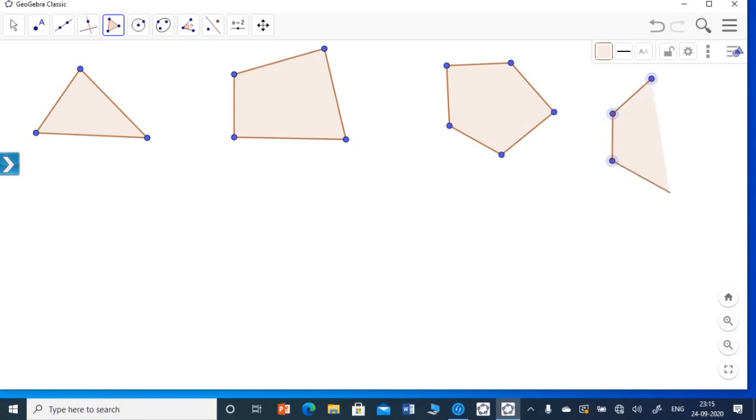Now draw a polygon having 6 sides made of 6 line segments. You can draw any way. It should have 6 line segments. It is called hexagon.